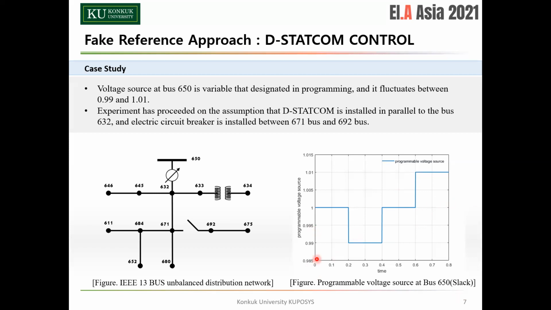The experiment proceeded on the assumption that this STATCOM is installed in parallel to bus 632. So what we want to check in this scenario is how well this STATCOM is controlled when the main feeder's voltage is changed, compared to the conventional control design.